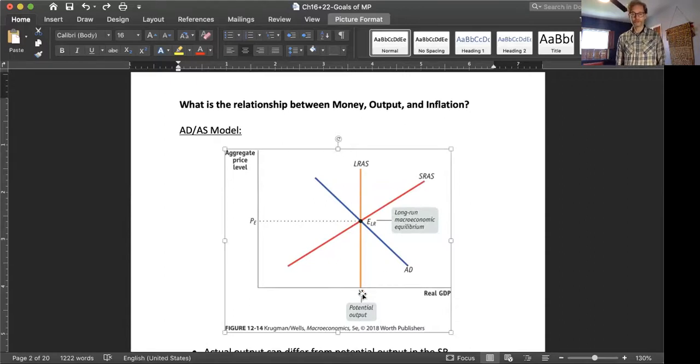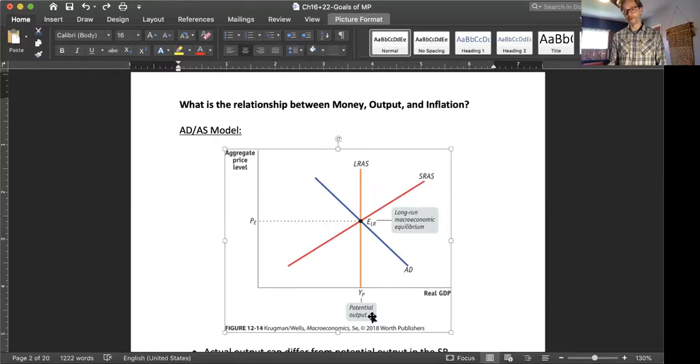Potential output is determined by your productive capacity, which is a function of three things: how much physical capital you have, how much human capital you have, and how much technology you have.